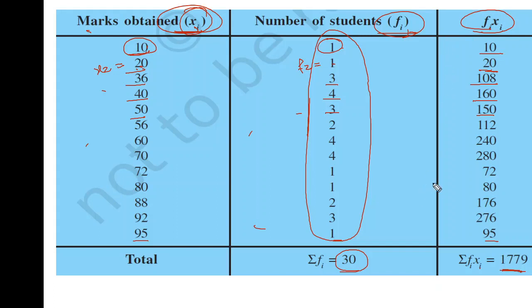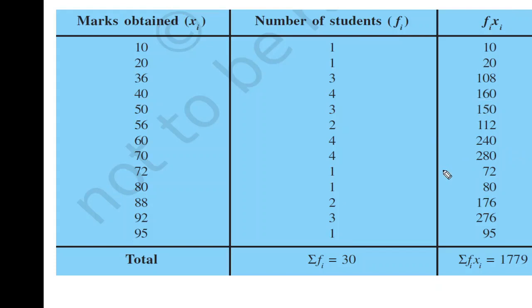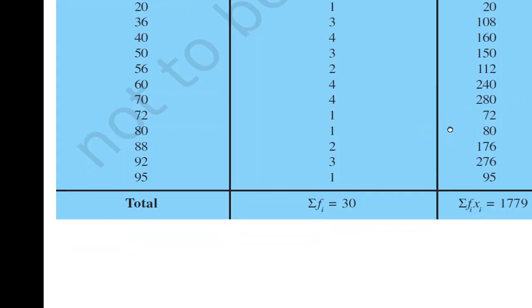Okay, now we will move to the mean section. So you know the formula for mean. You know that x bar, or mean, is equal to the sum, or sigma Fi Xi, divided by sigma Fi.